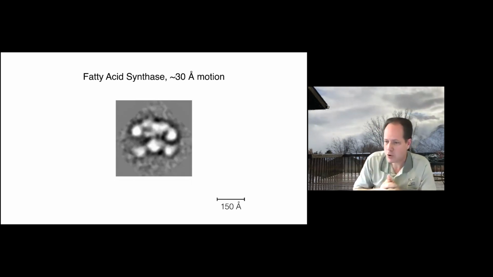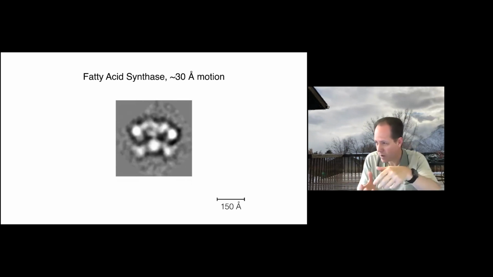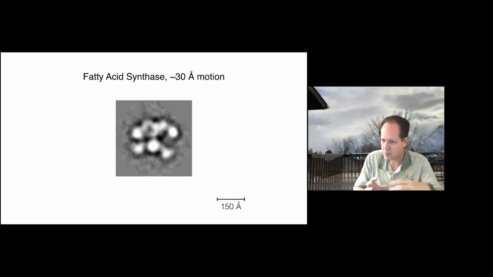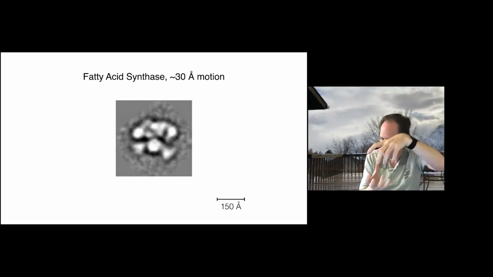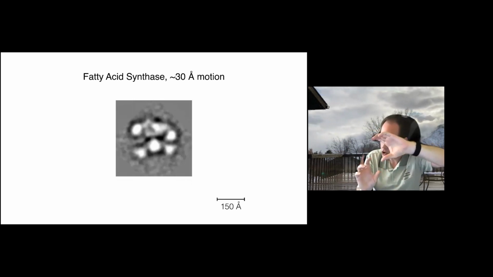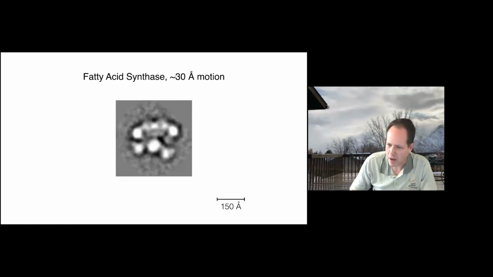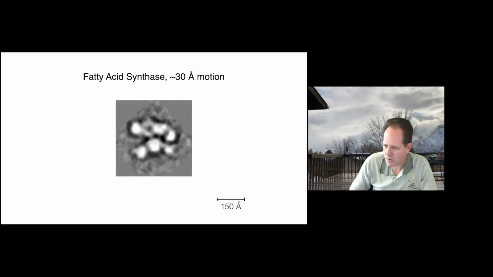Now, the same motions that are occurring in this view are also occurring in the other views, but to be able to reconstruct what's going on in 3D, we have to be able to associate a particle in one orientation with a particle in another orientation in the same conformation. And that's a really big problem. And all of the things that you've seen recently with manifold methods for looking at variability analysis are trying to solve that problem.